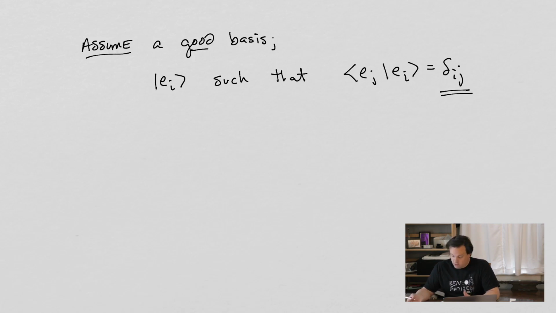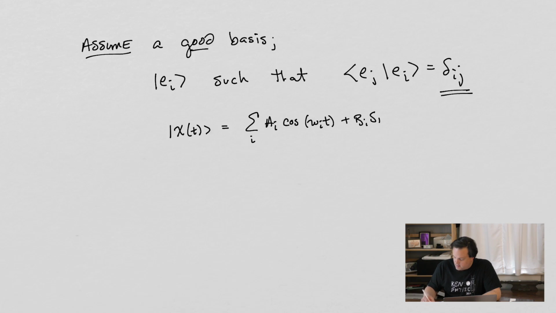So in general, when I have a state, let me call it x of t, and I say that it's a sum over i of a sub i cosine omega i t plus b sub i sine omega i t. Right, there's my big coefficient times e sub i.